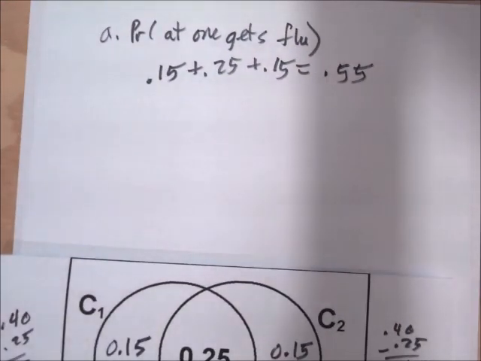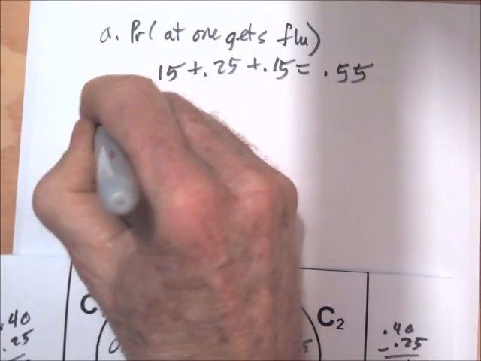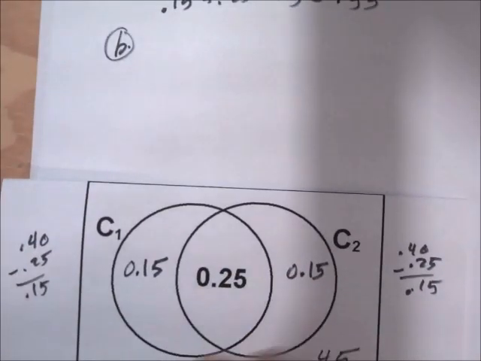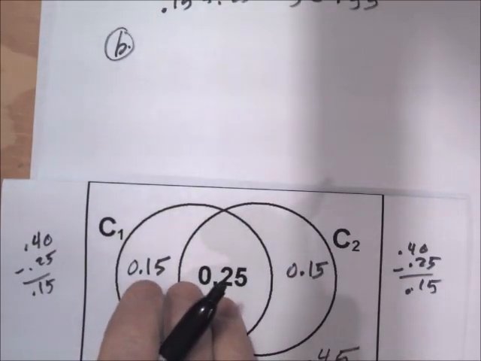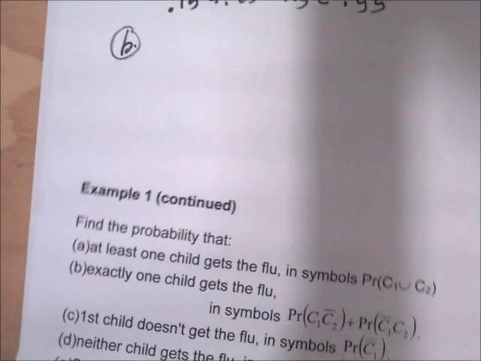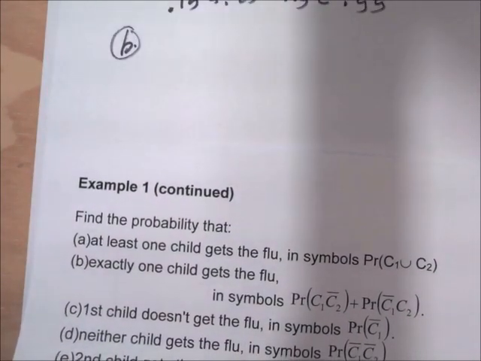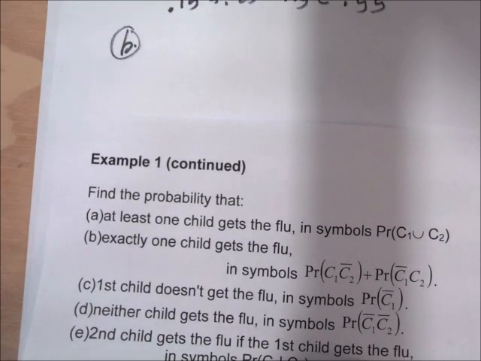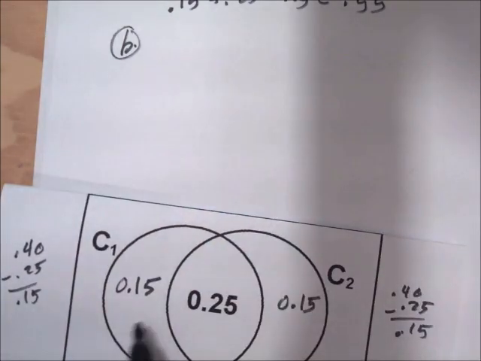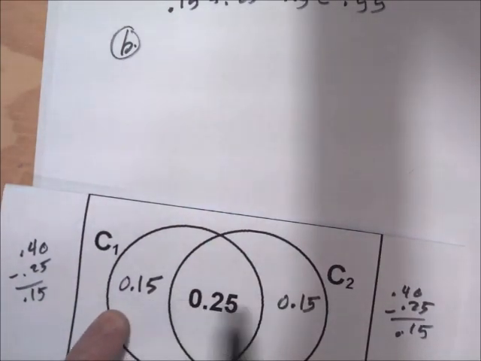And part B is the probability exactly one gets the flu. So that's going to be the two crescent moons. So it's going to be the first child gets the flu and the second child doesn't, that's a 0.15, or the second child gets the flu and the first child doesn't.